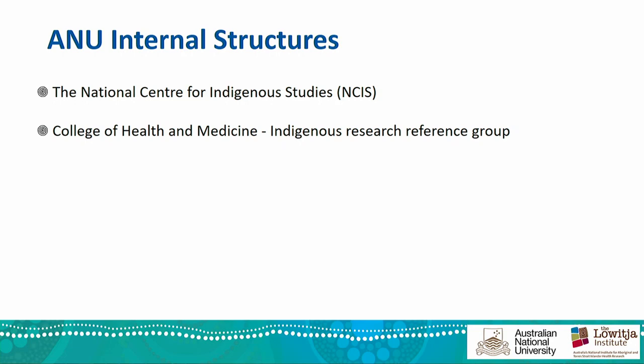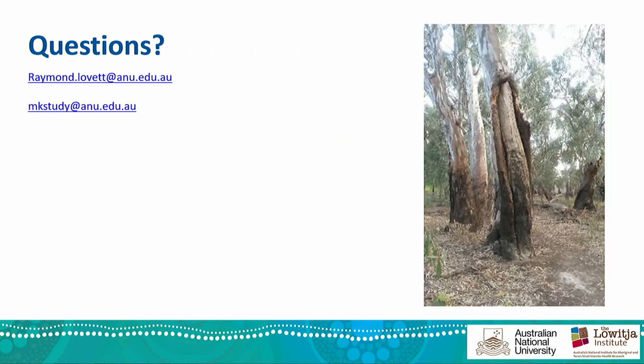Late last year we went through a process of setting up forms that people could fill out to get advice about what they needed to do for their research. We helped set up that process, and as a result of today I'll go back to them and ask where that is at, because I've searched to find that contact point and it's not there. So that's internally. I hope that's given you some guidance. That's nearly an hour. Thanks.